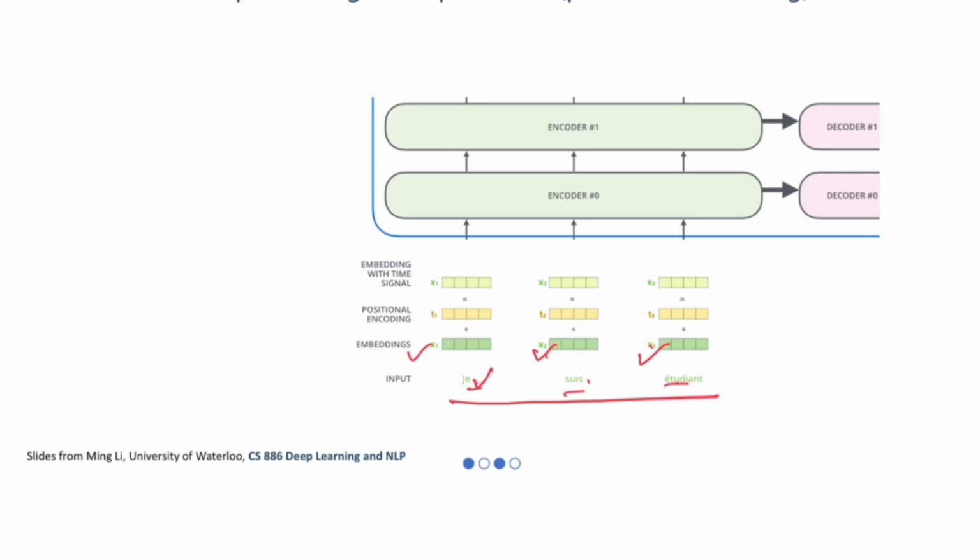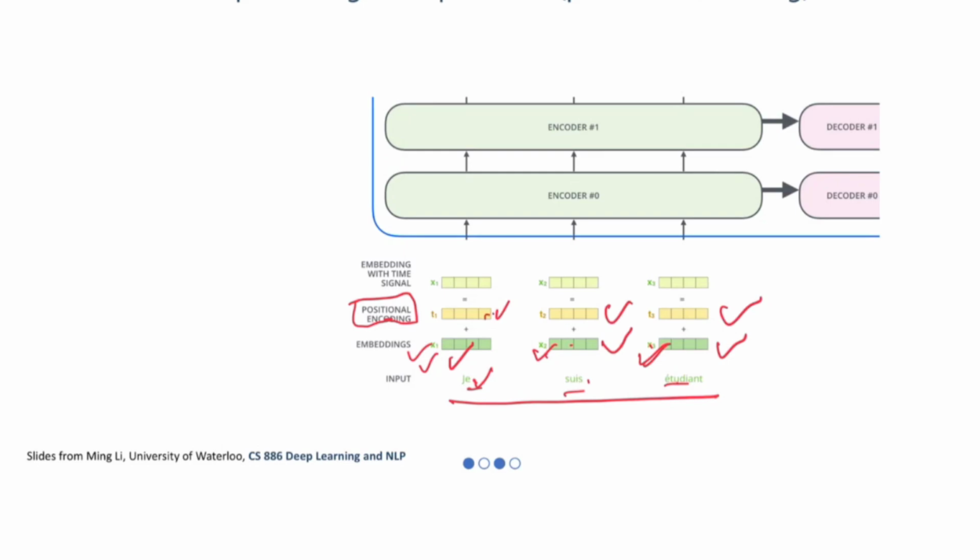I'll have a different vector for different positions. Suppose I got T1 for x1, T2 for x2, and T3 for x3. Now these T1, T2, and T3 contain the position information. Now I'll combine x1 with T1, x2 with T2, x3 with T3.